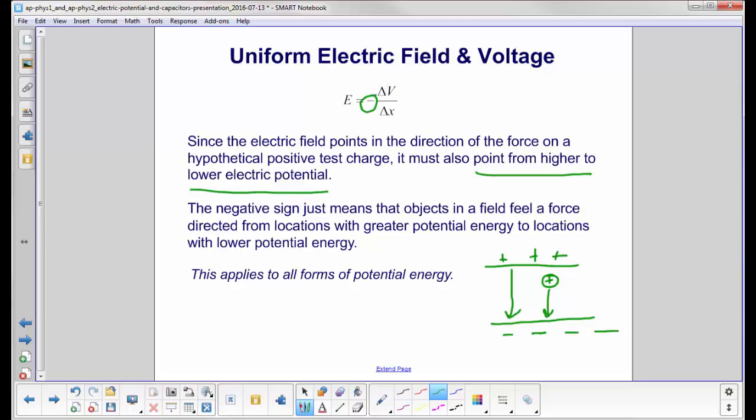It means that objects in a field feel a force directed from locations with a greater potential energy up here to locations with lower potential energy. This applies to all forms of potential energy. We've been using gravitational energy as an analog, and it certainly works there.